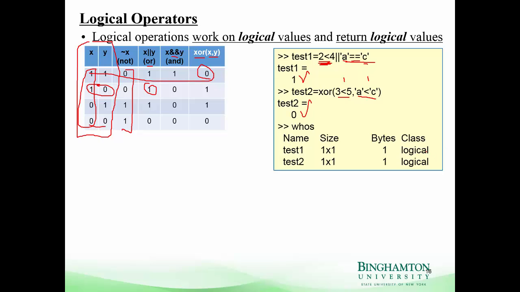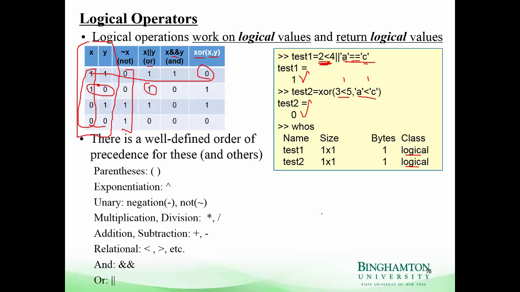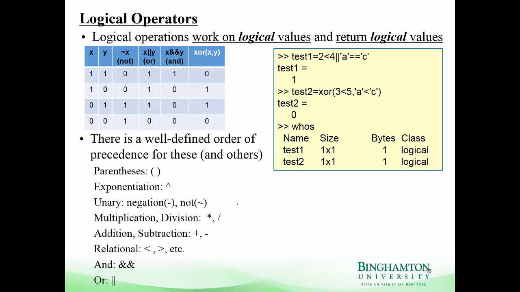And then you can check to see that the results of the logical operators are, not surprisingly, logical class variables. And there is a well-defined order of precedence here. You can see up here that there might be a little bit of confusion as to how these things work, but we do our relational operations first before we do the logical operators.